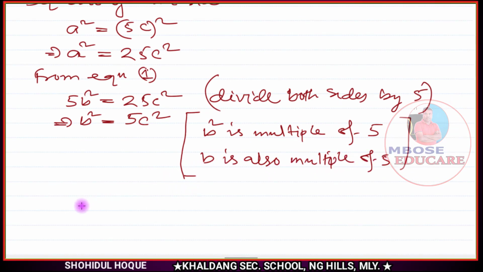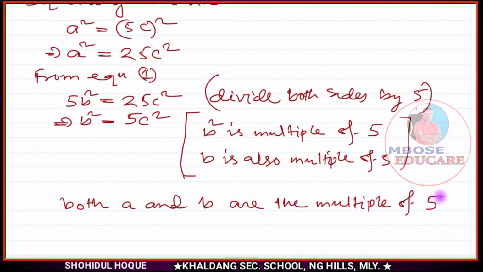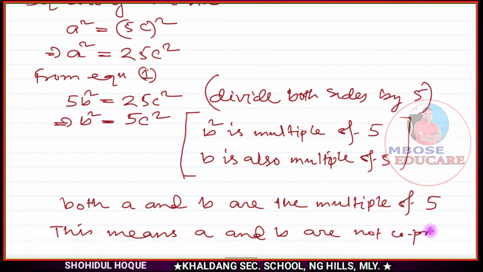From these two statements we can write, both a and b are multiples of 5. This means a and b are not co-prime.